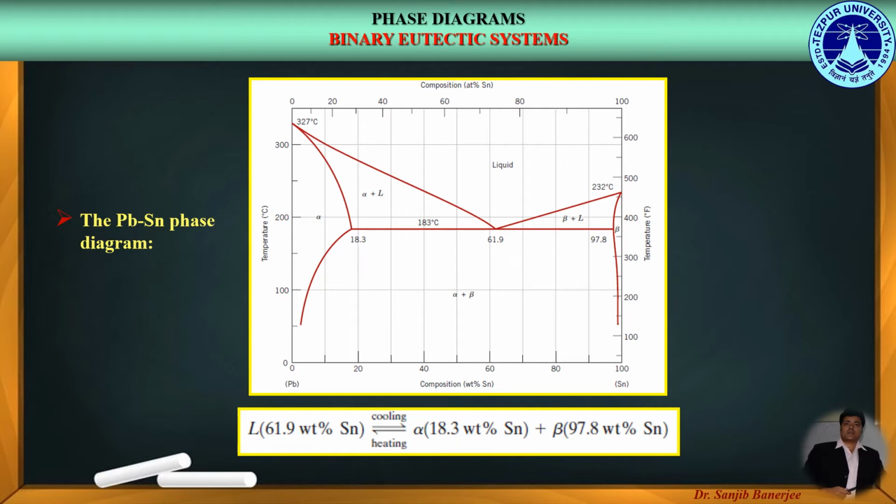Thus, this lead-tin phase diagram is another example of the binary eutectic system, and this is another example of the eutectic reaction. So, the lever rule and its application is valid for any two-phase region for any type of phase diagram.